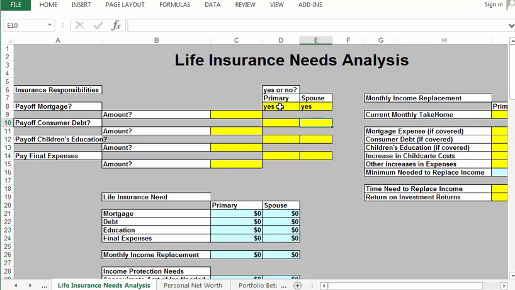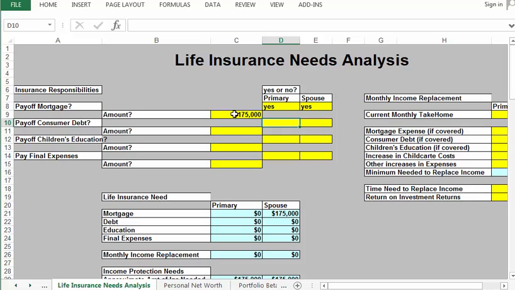So they want to pay that off. Do you know how much your mortgage is? Let's say the mortgage is $175,000.